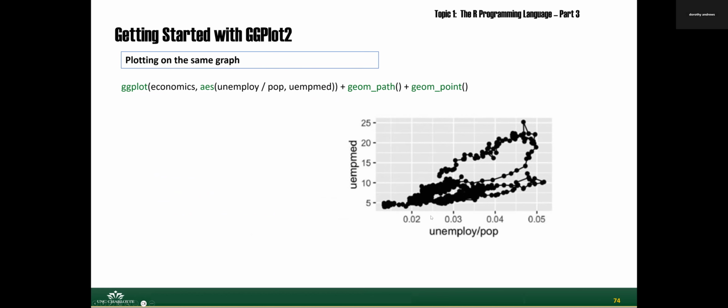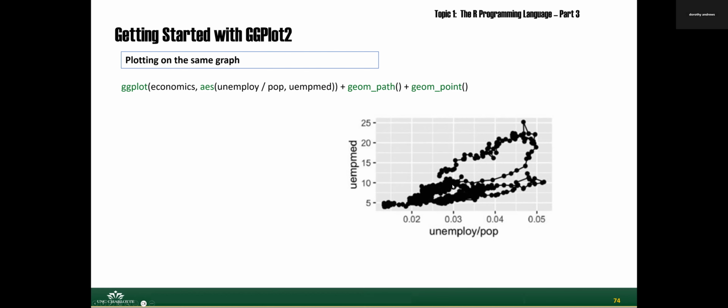This looks like a crazy graph, right? Things seem to be falling back on each other, and it's not really all that interesting. We can't figure out where one year begins and another ends. That's a limitation of this graph, although if we knew that, we might be able to find some interesting information.